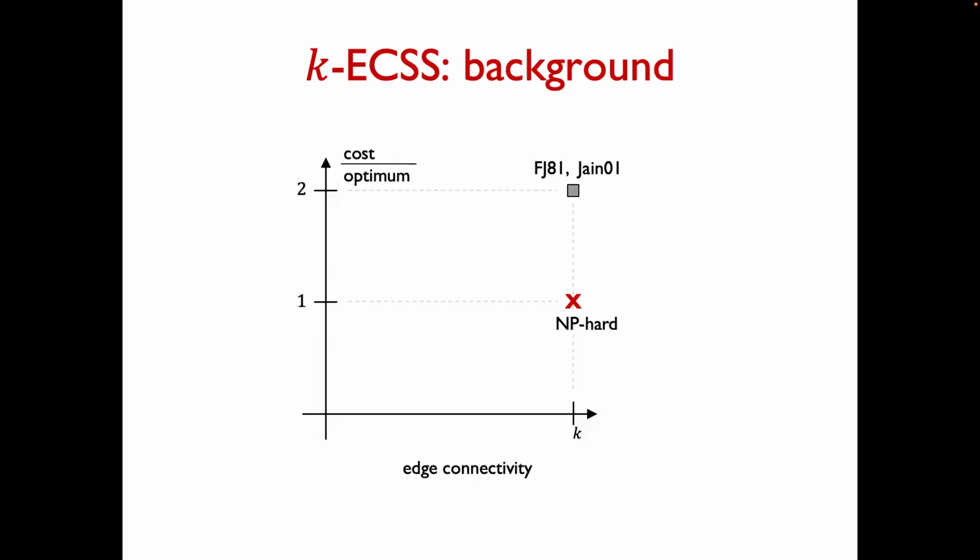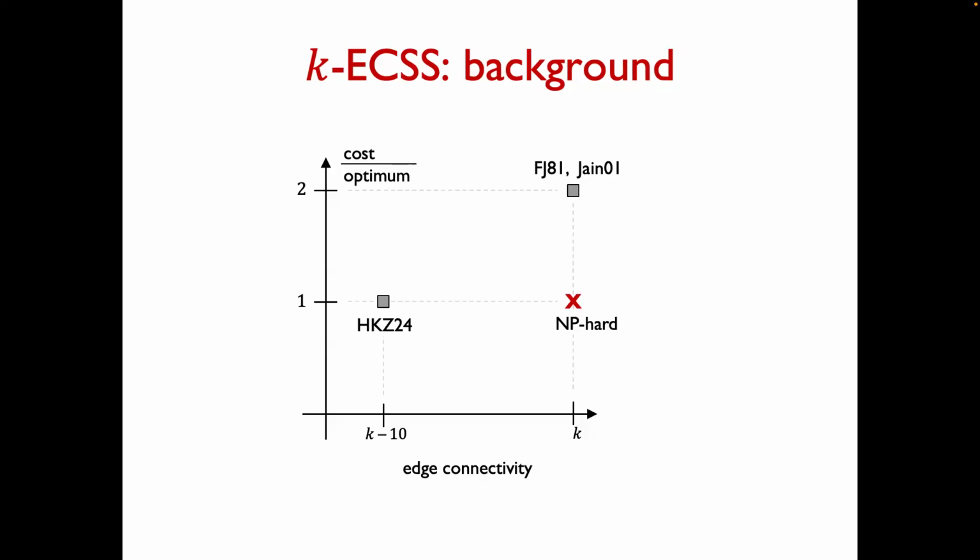Improving upon this 2 is a major open problem. But very recently, in 2024, Hershkowitz, Klein, and Zenklusen gave an alternate kind of guarantee: we can get cost at most the optimum, but violate the connectivity requirements. They showed that you can get a (k minus 10)-edge connected solution of cost at most the optimum.